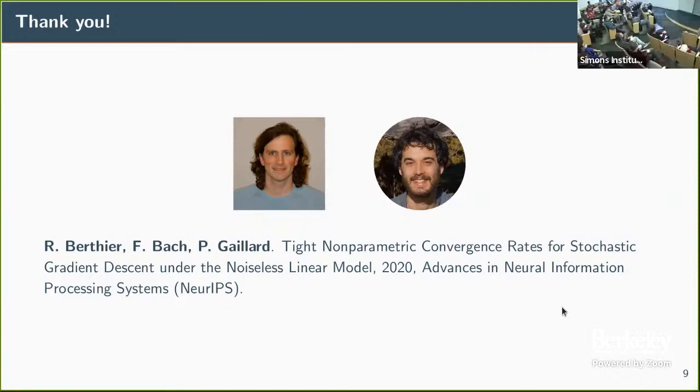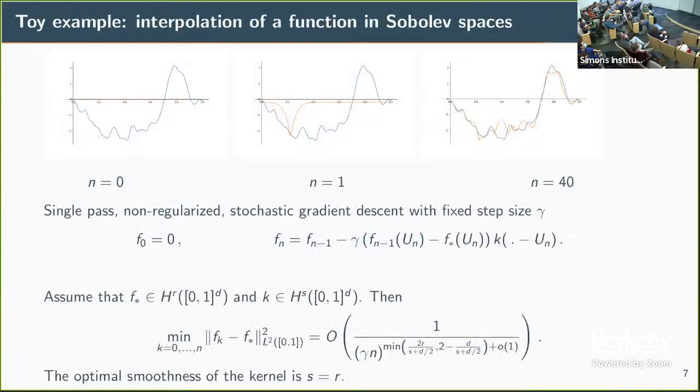Any questions? Actually, can you go back to the two slides, I think, with the optimal smoothness? So if I understand correctly here, the smoothness, is there something to balance the choice of smoothness?